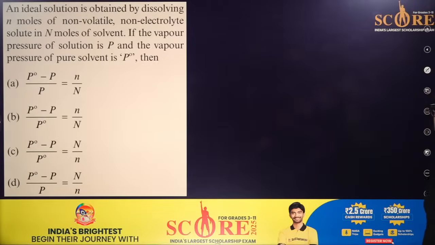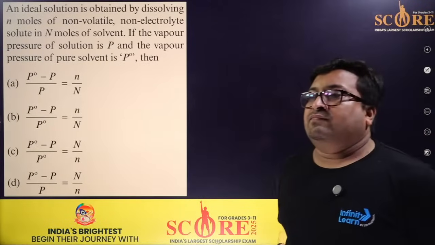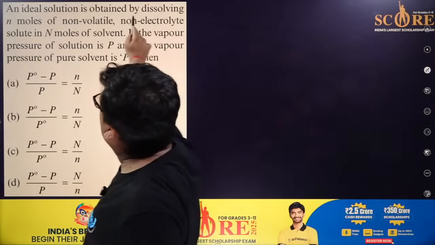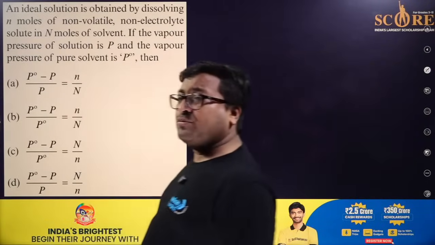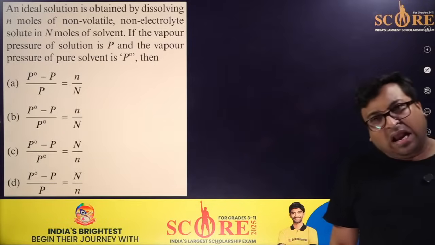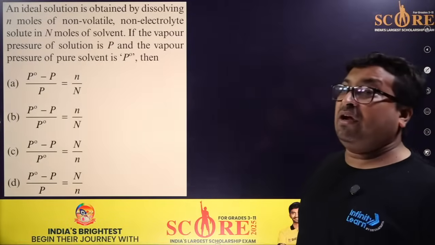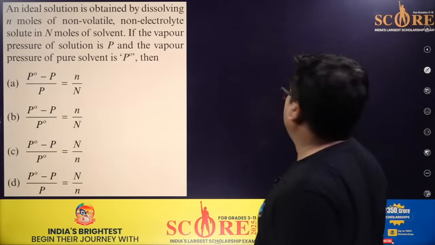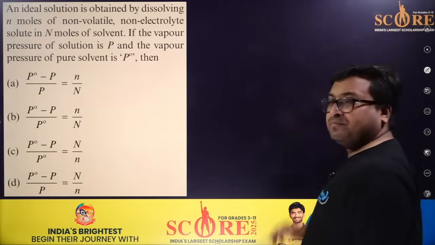So what should be the answer? Small n is the moles of solute and capital N is the moles of solvent. Please remember this kind of thing. Many people commit a mistake because of one line of NCERT, but I will prove it.